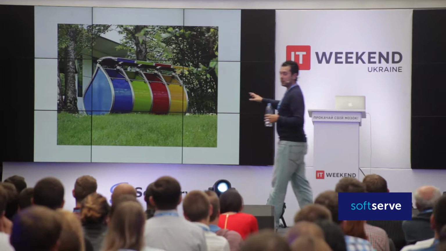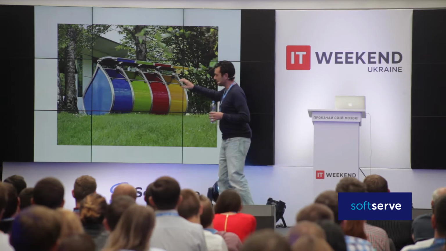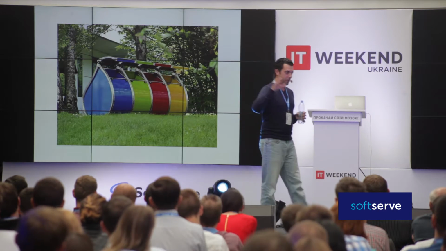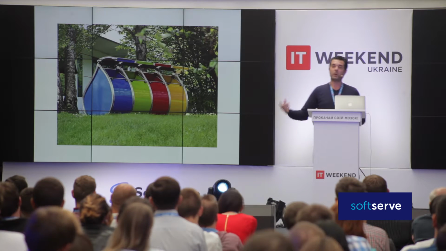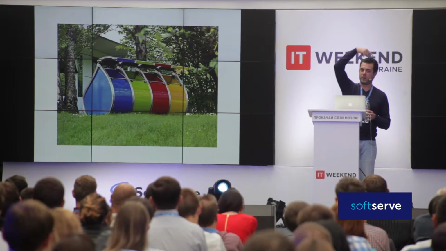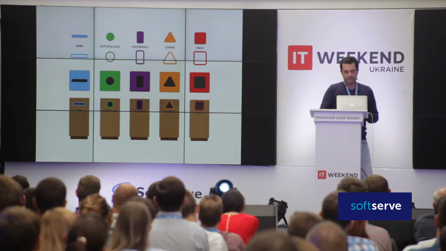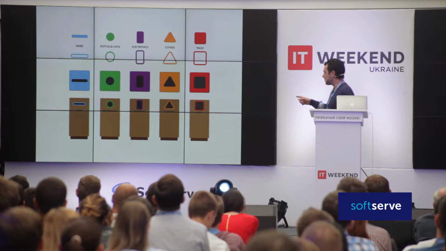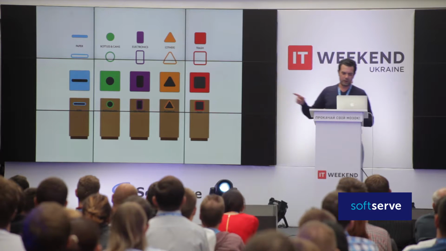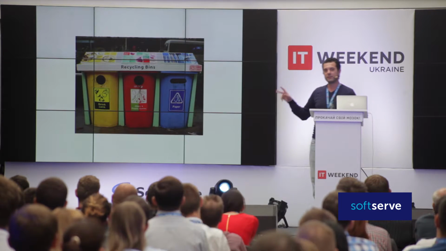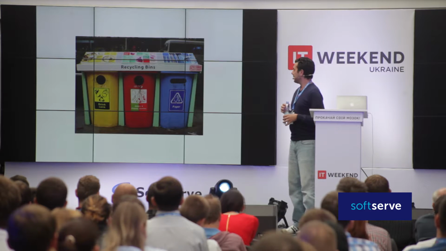You can put labels. Paper, glass, blah, blah, blah. If you put labels, that's fine, but we go back to the shape parsing scenario. You do not understand. These are just blueprints, but there are real implementations in real life.